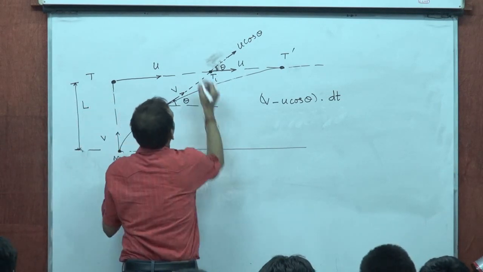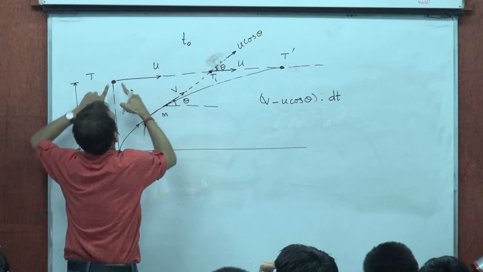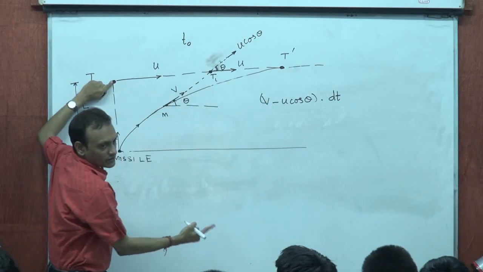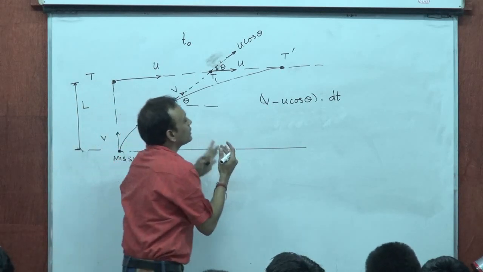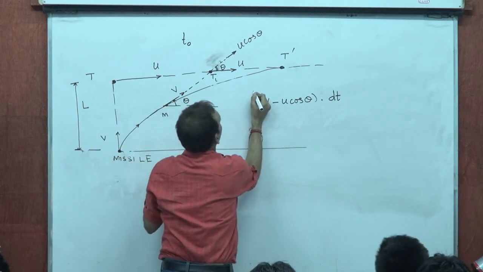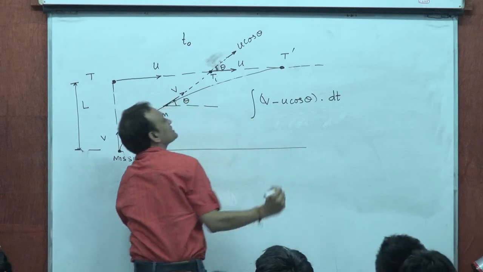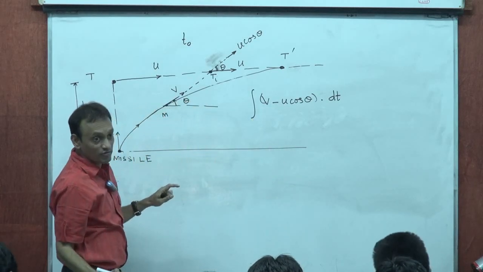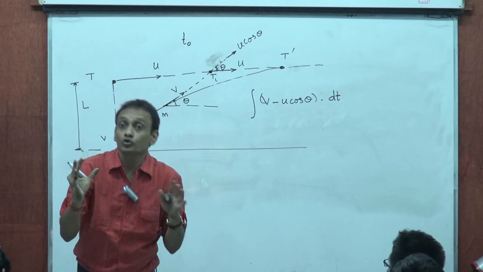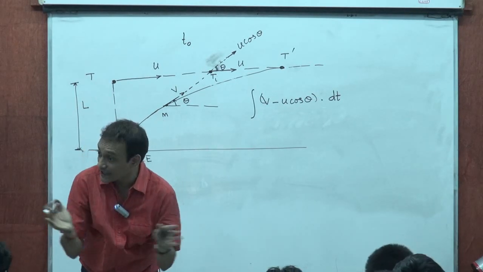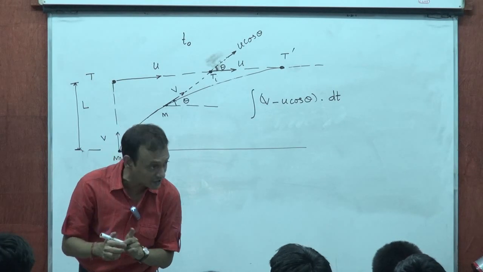Let's say t naught is the total time it takes for the missile to hit the target. Then this must be the sum of all of this, the total decrease in separation for the missile to hit the target.